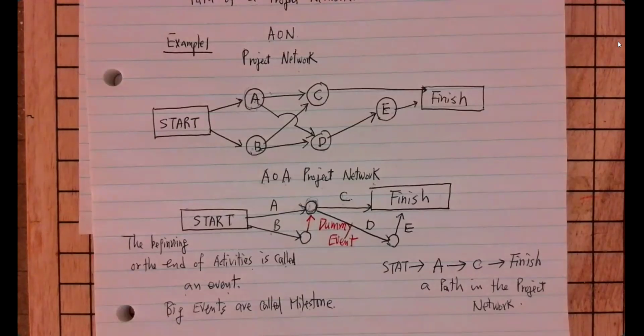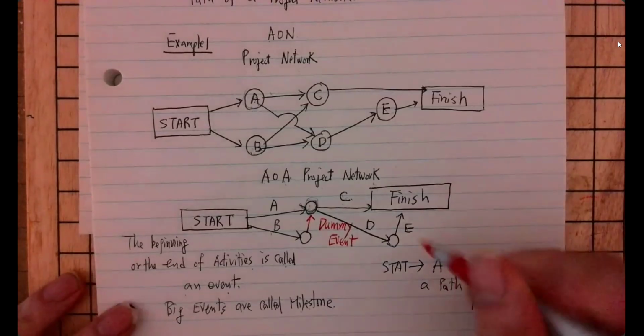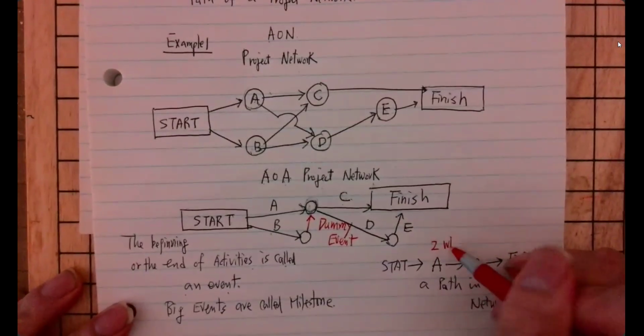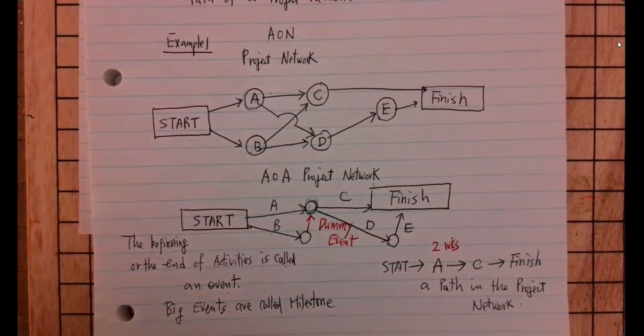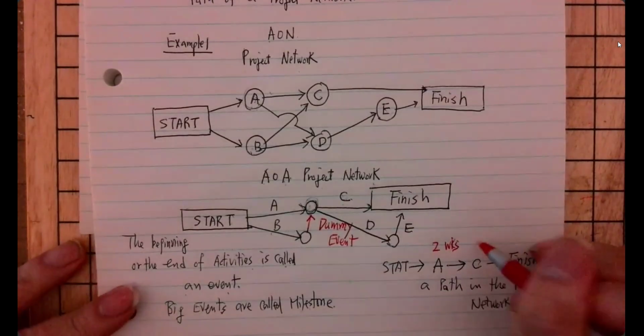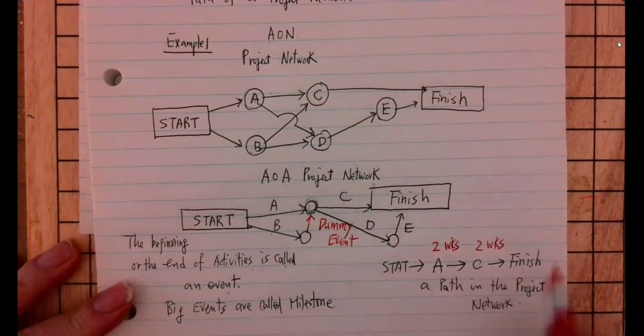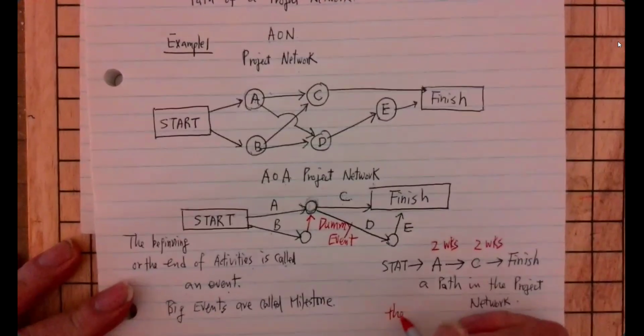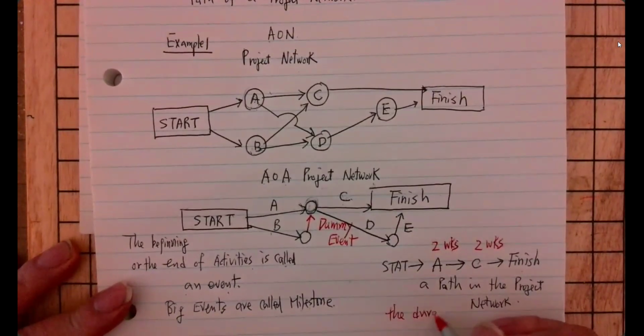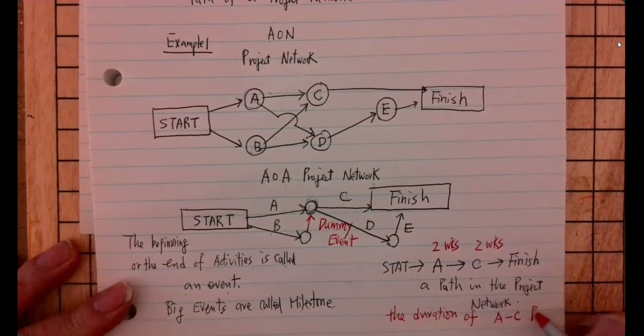From the information we were just given, activity A lasts for 2 weeks. Activity C lasts for 2 weeks. So the duration of this path is 4 weeks.